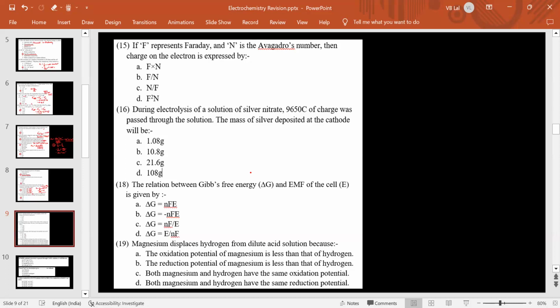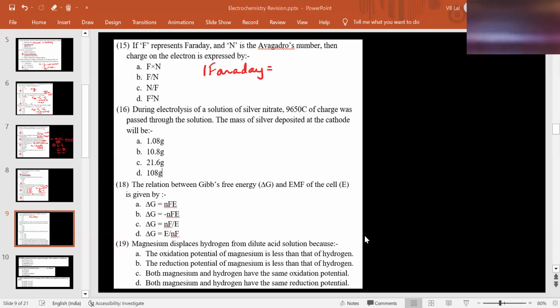No. N is the Avogadro's number and F is Faraday. What is 1 Faraday? Sai Kalyan, are you reading and working out this question? Are you there, Sai Kalyan? Yes, miss. Tell me, 15th question. Can you answer the 15th question? I'm doing it.